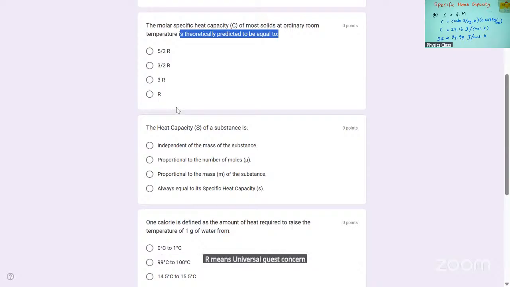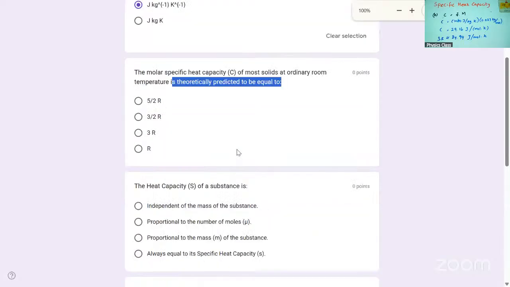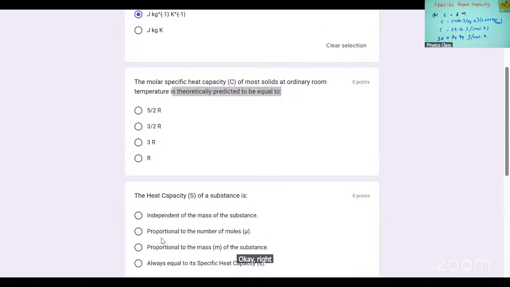You know that, yeah? Which one is correct? Yes, okay. So 3R.